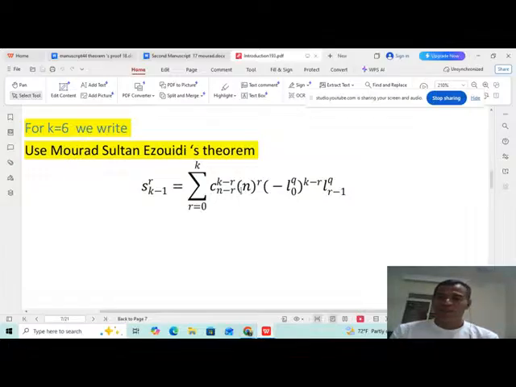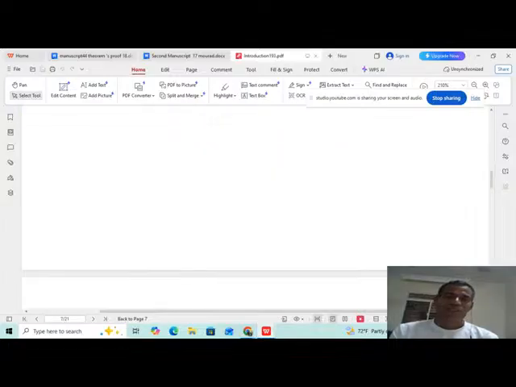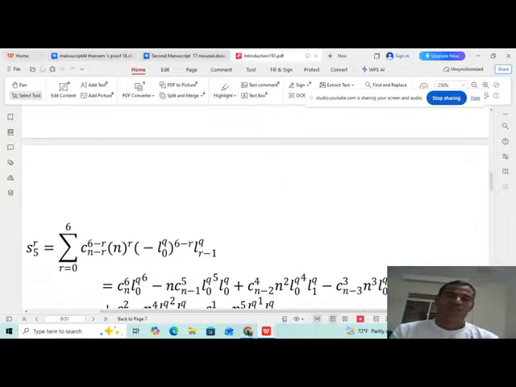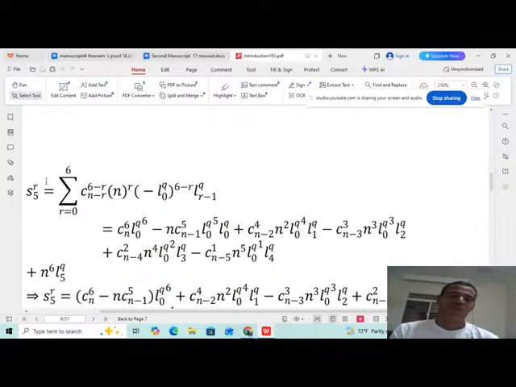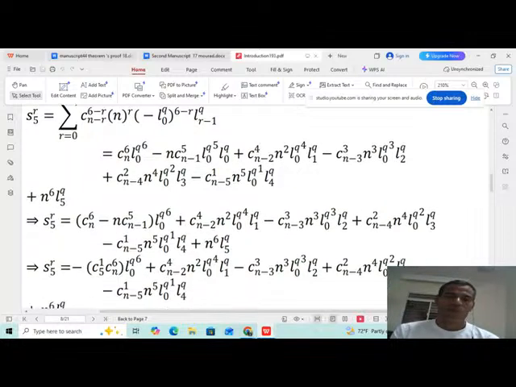So what's necessary here is to set k equals 6. Setting k equals 6 means 6 minus 1 is 5, and you will obtain the sixth coefficient of the new 19th-degree equation.